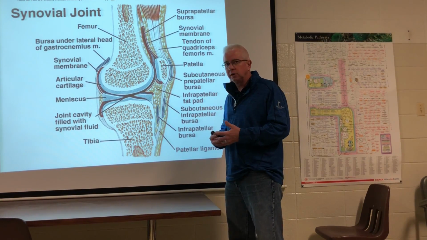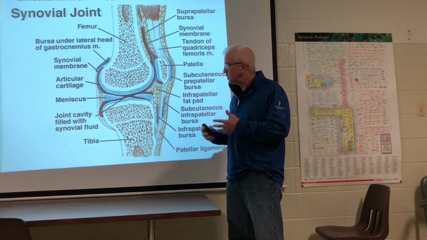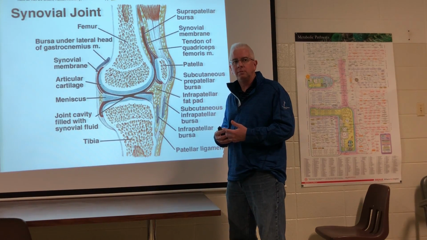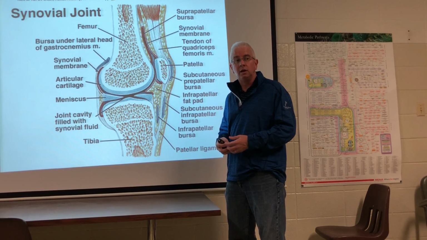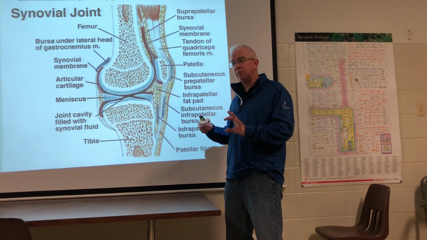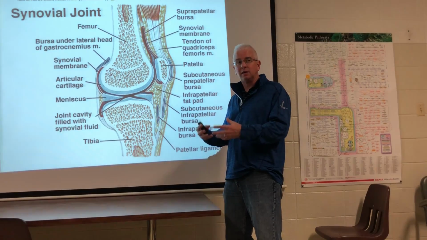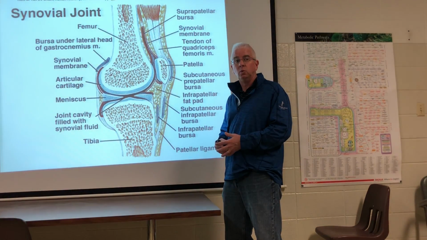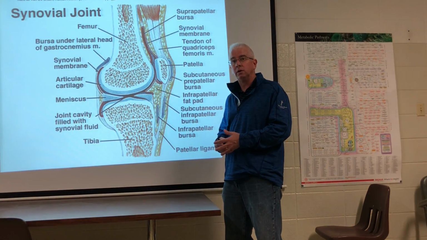It's also a useful clinical place. You can tell things about what's going on in the knee by getting a sample of this fluid. So if somebody has a swollen knee, and you stick a needle in there and take a sample of that fluid, the contents of that synovial fluid will tell you something about what's going on here.